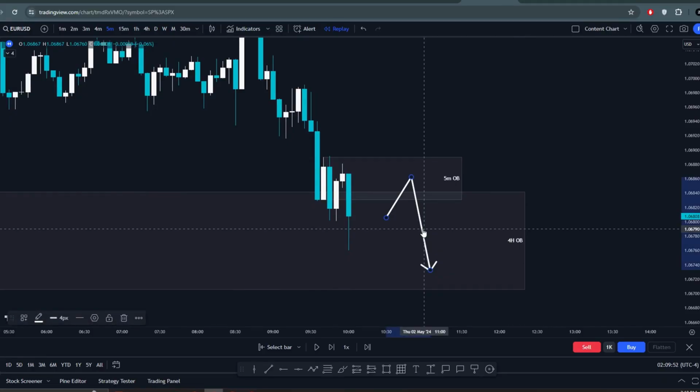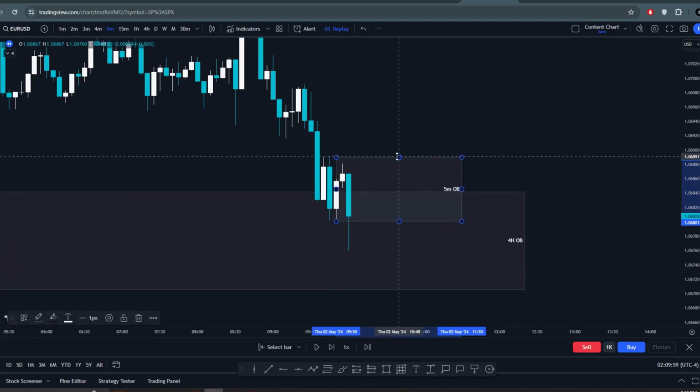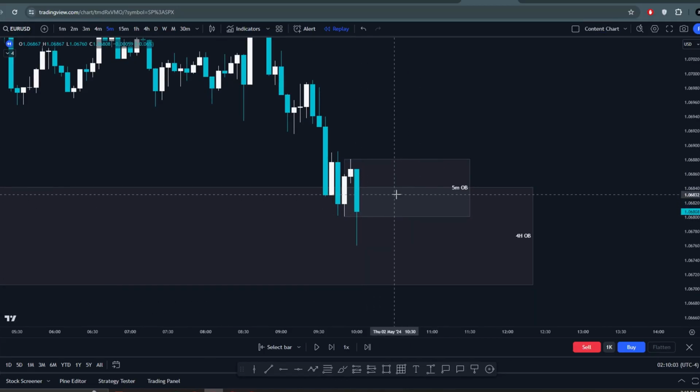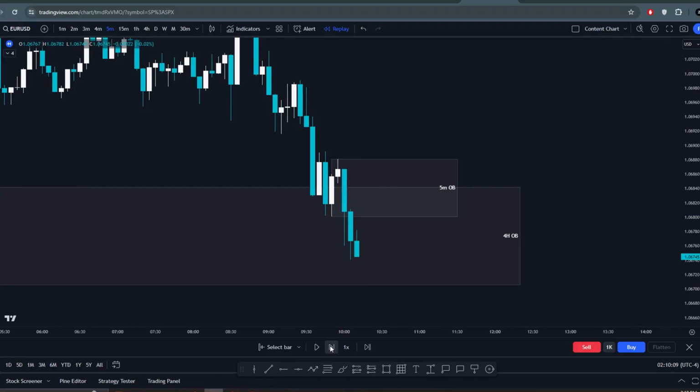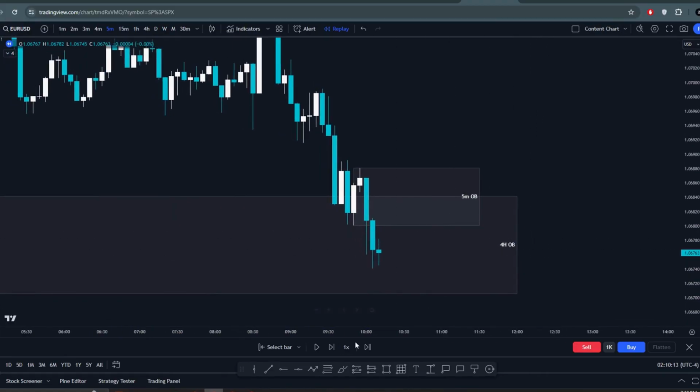As we can see, the price respected that order block. Once again here, we have an order block. So let's mark this right here and see if the price will respect this order block or not. At the same time, we are inside this 4-hour order block.